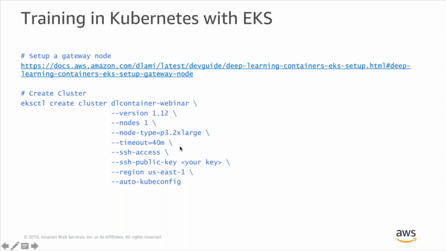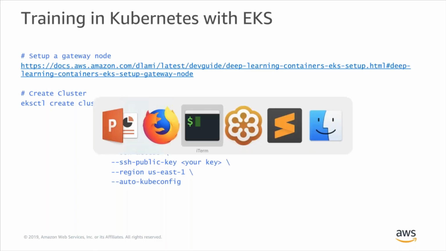In addition, you would specify your SSH public key that you use to connect to EC2 instances, and then the region that you would like this cluster set up in. So for this demo, we will use a single P3.2xlarge instance, but as we discussed earlier, we could use any instance type, CPU or GPU, and we could set up a multi-node cluster with multiple P3 instances. So let's go ahead and do that.